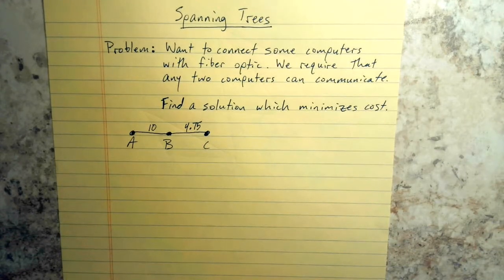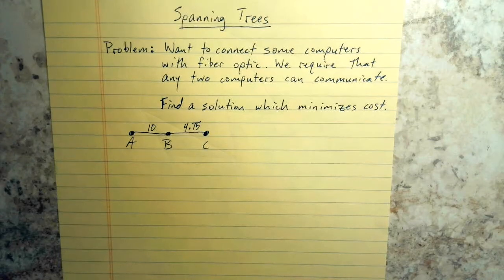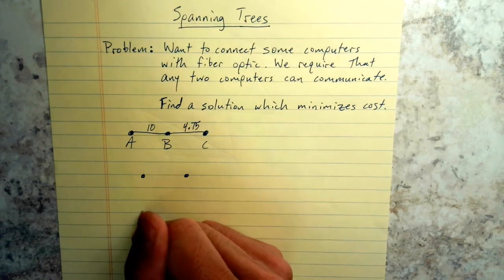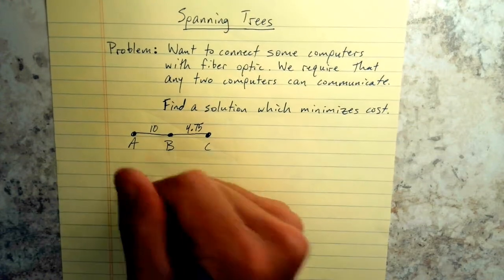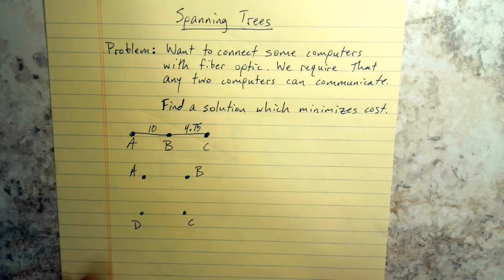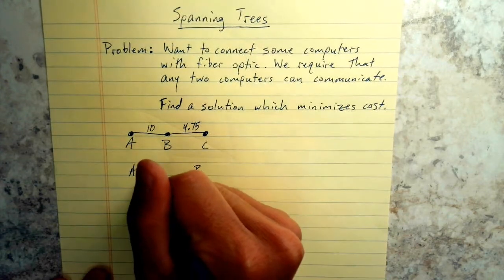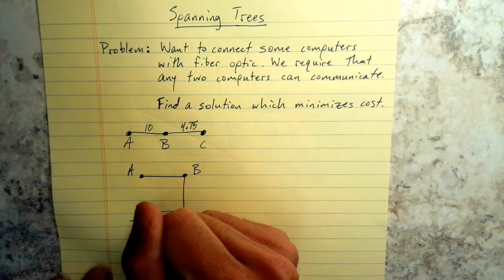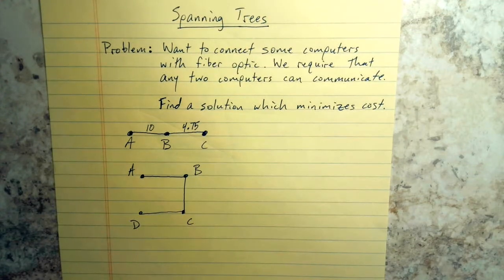So let's think about this kind of optimization that we're doing, minimization. Let's say that in a different network we have 4 computers, A, B, C, and D. And let's just say theoretically we've connected A and B, and B and C, and C and D. We've already chosen those connections for whatever reason, and we're not worrying about the costs right now.